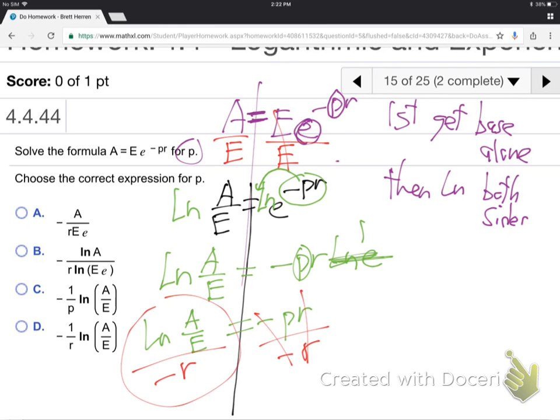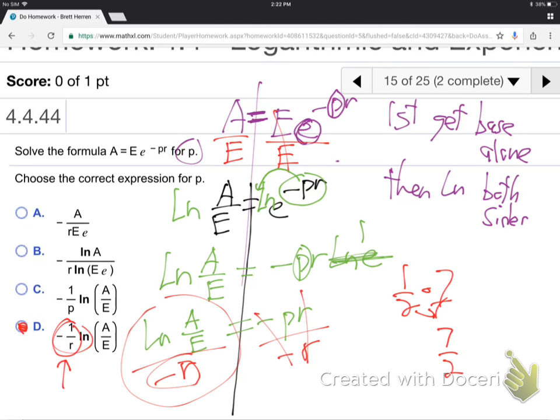Oh, did they write it funny? They put the minus 1 over R in the front. Yeah, so they just stuck it in the front. That's the same thing. Having a minus R divided or putting a minus 1 over R in the front, that's the same thing. You okay with that? Like if I go 1/2 times 7, that's the same thing as 7 over 2, isn't it? Because this is 7 over 1, and that could go to the bottom.